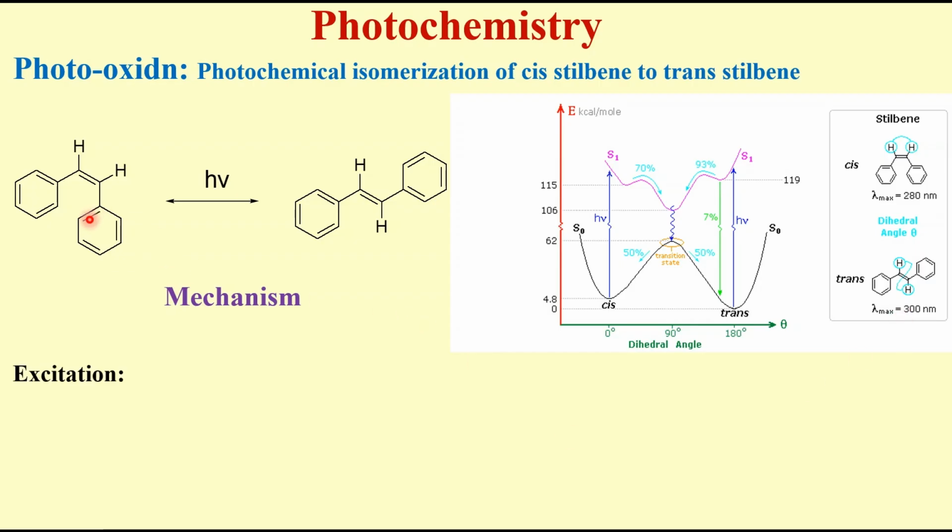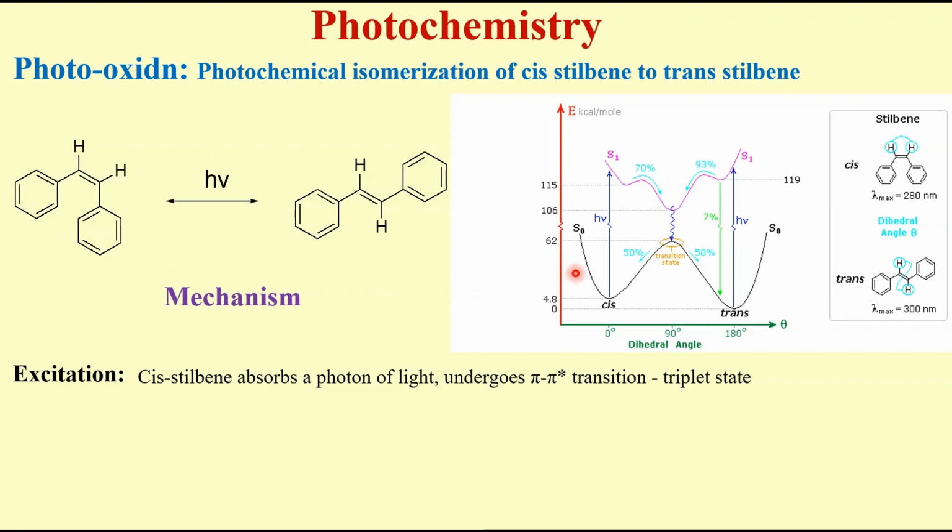The cis isomer absorbs the photon of light and gets excited to the higher energy level, that is the S1 singlet state. It has around 115 kilocalories per mole of energy.